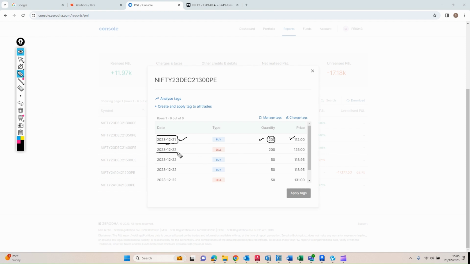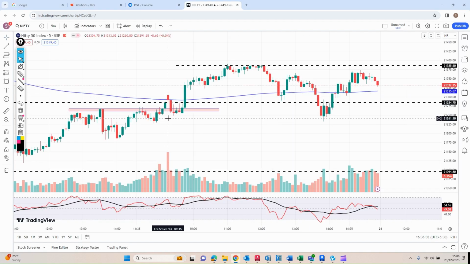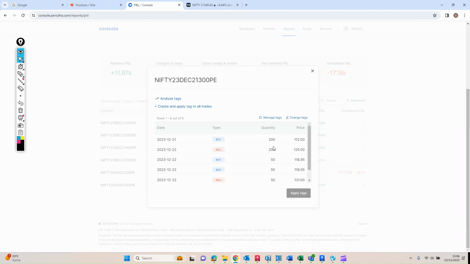Early morning on 22nd of December, on Friday, I closed this position at 125 in the first candle itself, getting a decent profit. With 200 quantities I gained almost 13 rupees, 200 into 13 is like 2600 rupees.